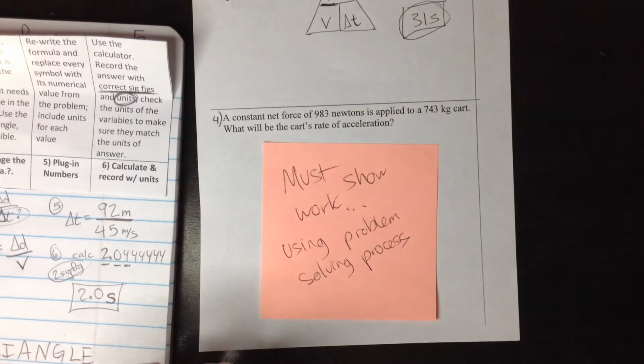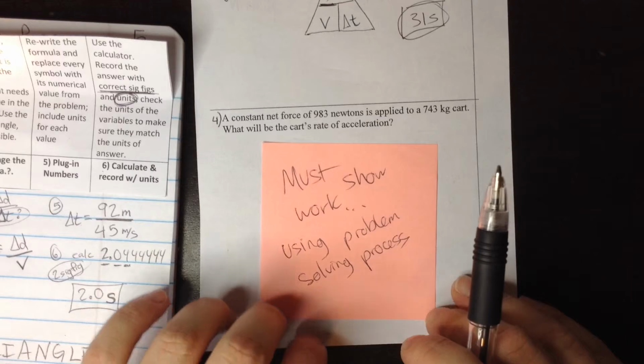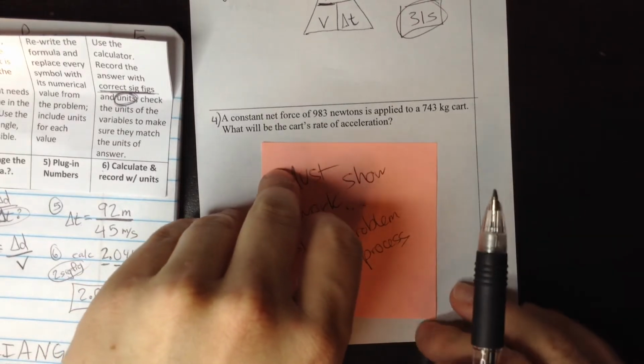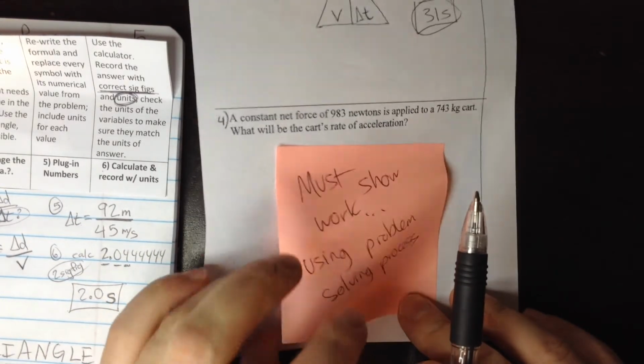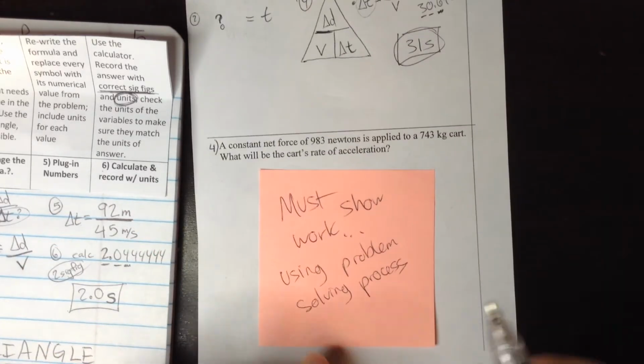Alright, and make sure you give me your final answer with units, significant figures, and everything. When I grade this journal entry, I'm going to be grading this worksheet. If this is not on there, I'm not giving you credit for the worksheet. So, please, please, please, get this problem done.